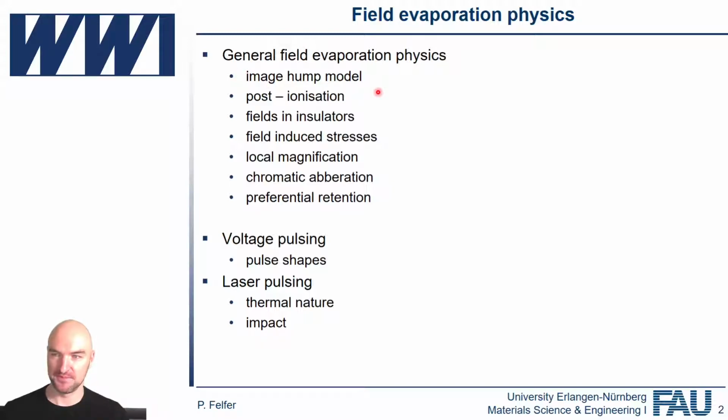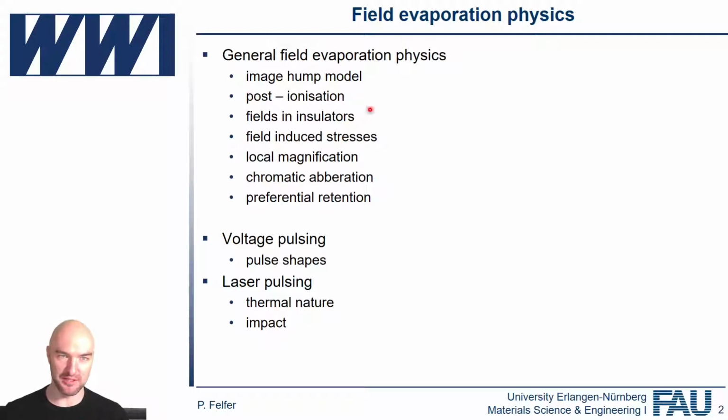It's horribly reproducing what's actually happening, but it's been very successful since the 50s, so we'll stick to it, and we don't have anything better, at least not for a fundamentals lecture right now. But we're only starting to apply quantum mechanics to the field evaporation process. Our colleagues at Max Planck in Düsseldorf have been doing that very successfully. So for now, we'll have to stick with the Imagehump model.